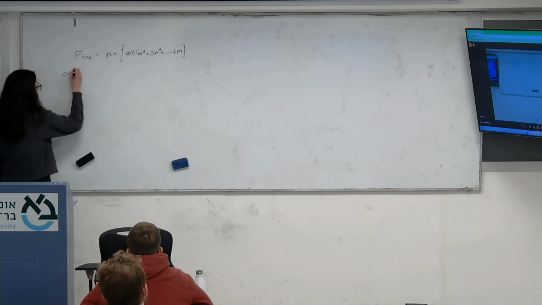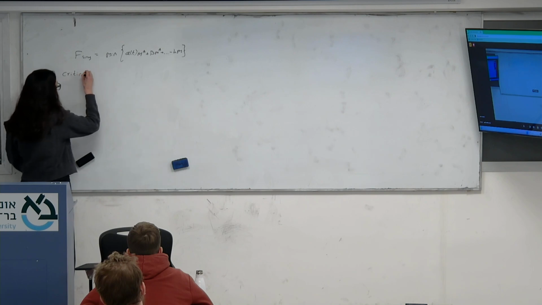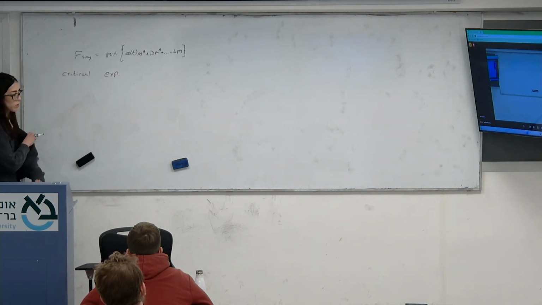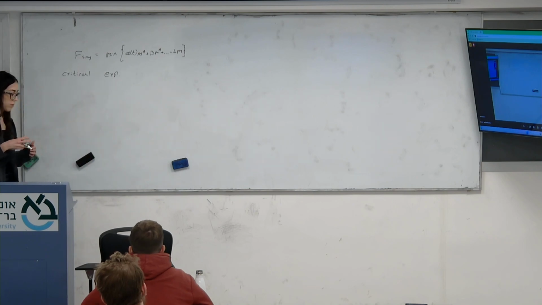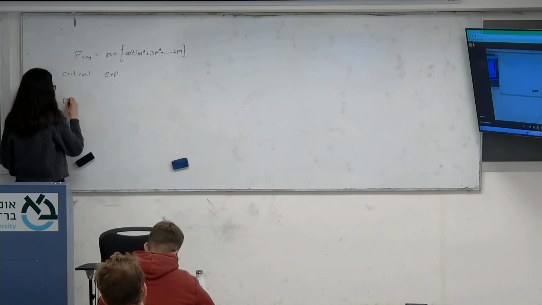So we have two kinds of critical exponents in a way. We talked about four overall. So we have the exponents that relate to the magnetization.